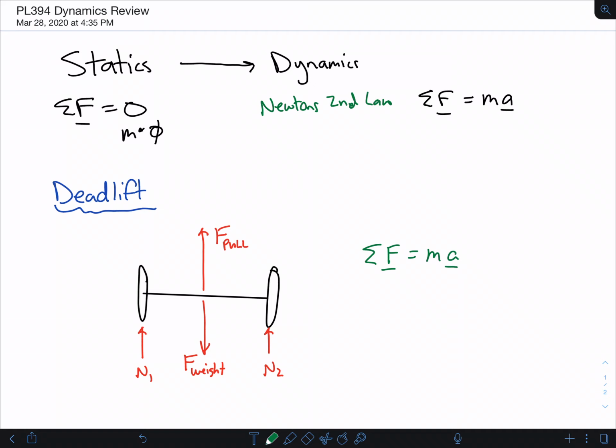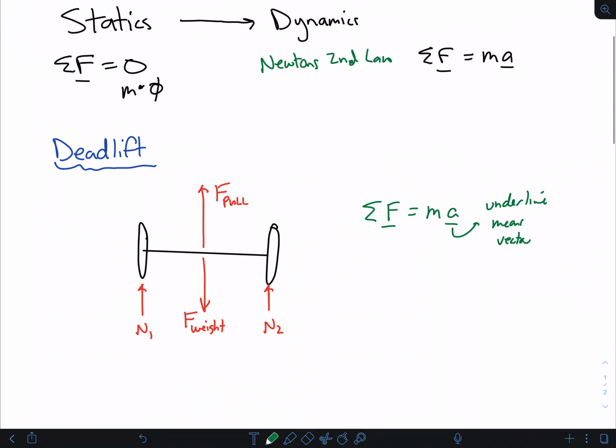You might not have seen this before, but these underlines just mean it's a vector. You may have seen over bars before; under bars are basically the same thing. It's just the convention that the text I teach out of uses.